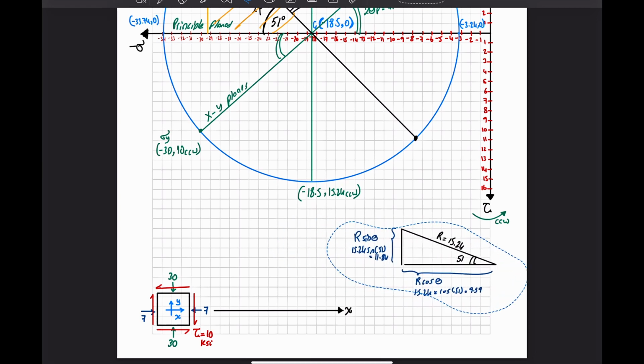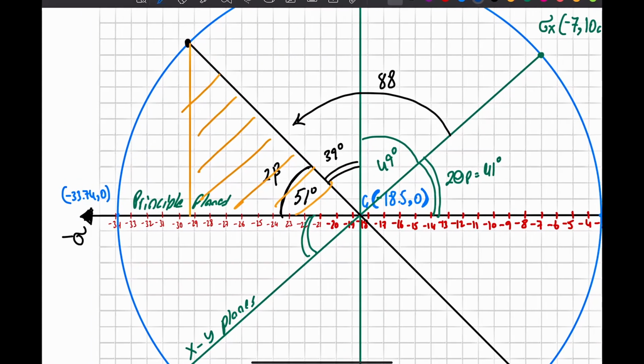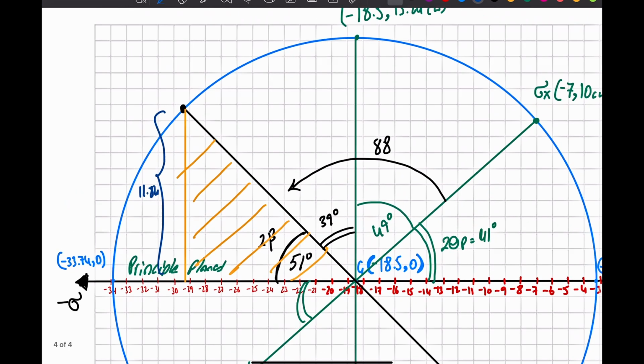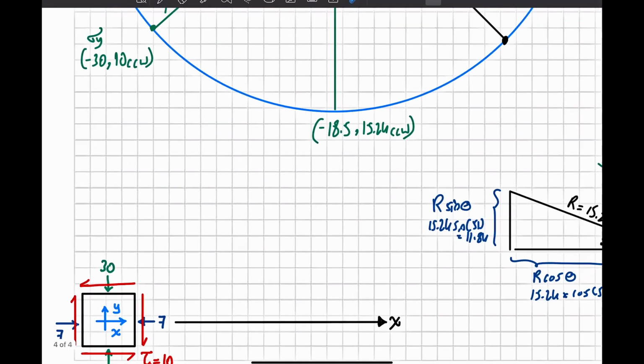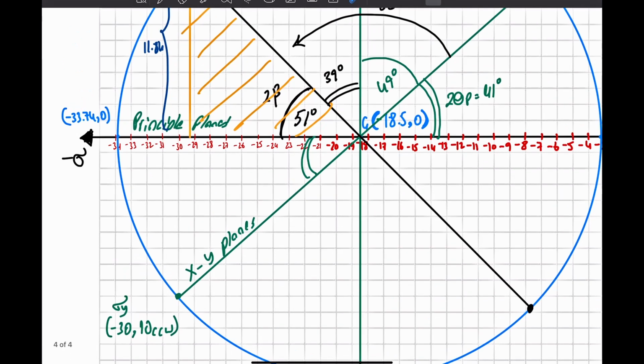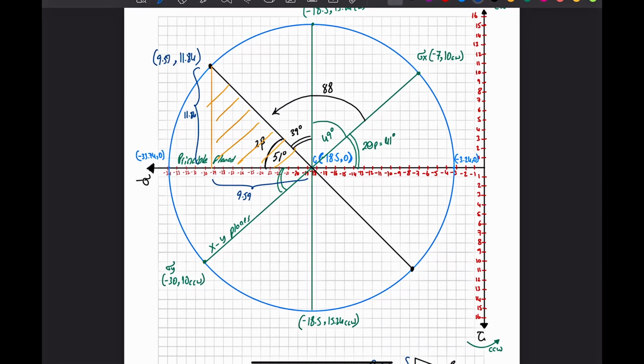So let's move this triangle, and I know that this height now is 11.84. So I found the second part of that point, which is 11.84. Should I put 9.59, which is this horizontal distance, here? No, this is a common mistake.